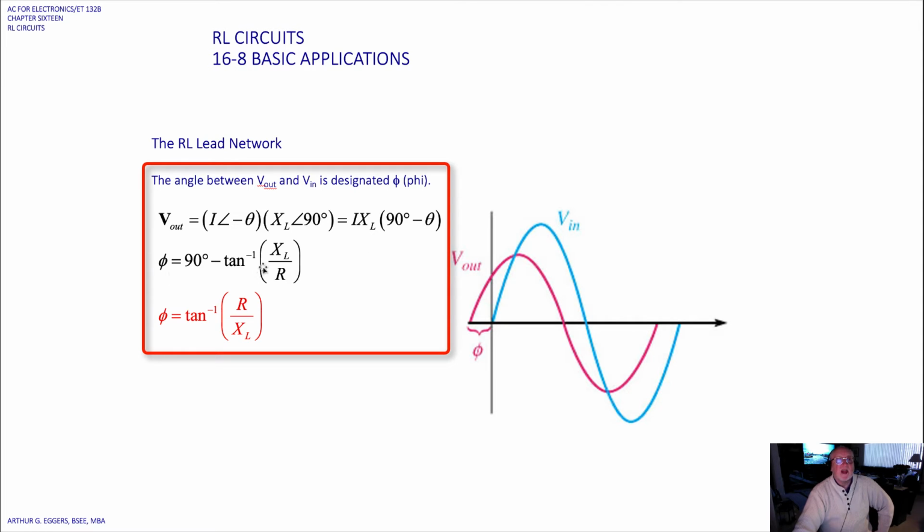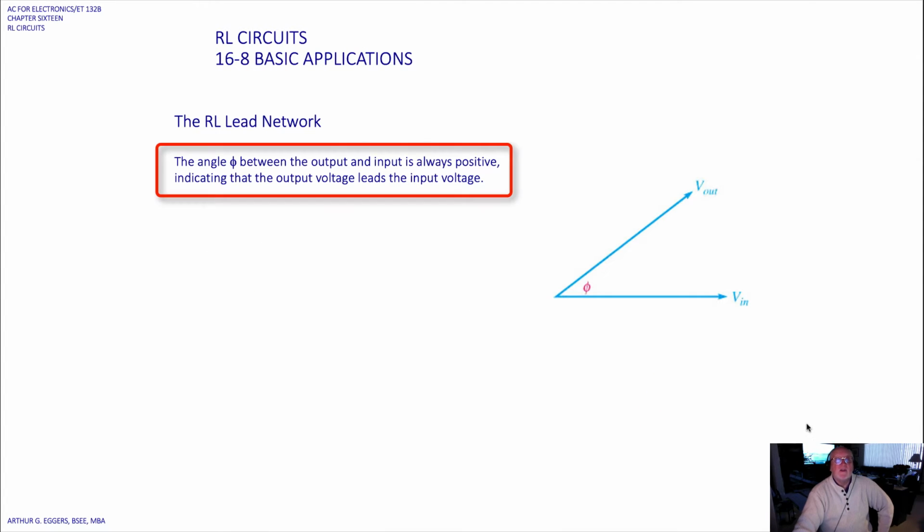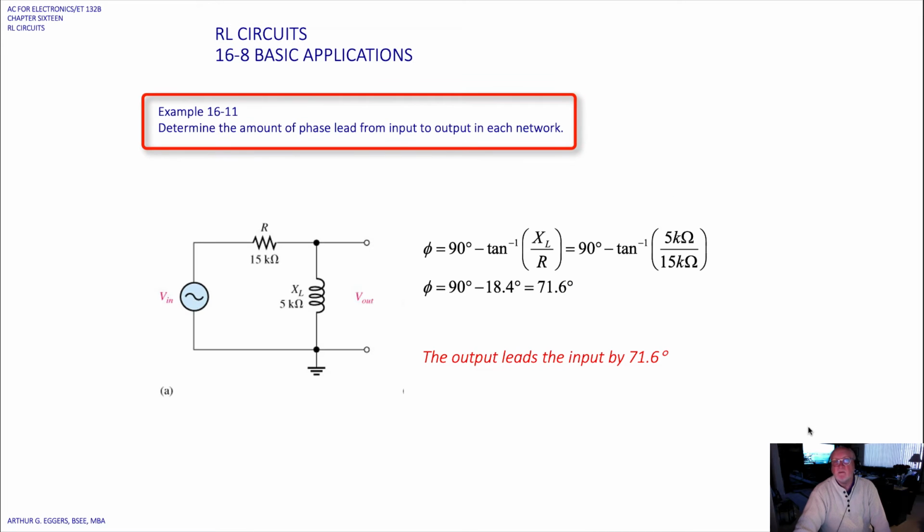Phi then is 90 minus the inverse tangent of X sub L over R. We invert that to make it positive, the inverse tangent of R over X sub L. So the angle phi between the output and the input then is always positive, indicating that the output voltage leads the input voltage.